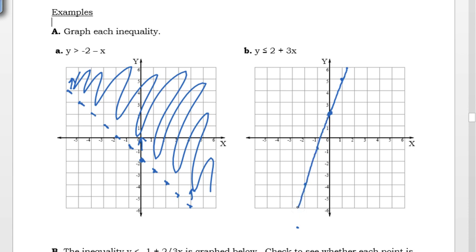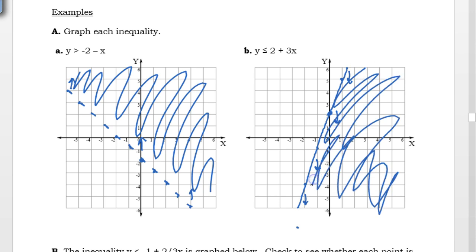And then it says a less than, so I'm going to shade down from my line, which means I'm shading over here. I said it before and I'll say it one more time. Don't think about left and right. Both of these lines are actually shaded to the right, but one's a greater than, one's a less than. One's shaded up and one's shaded down.